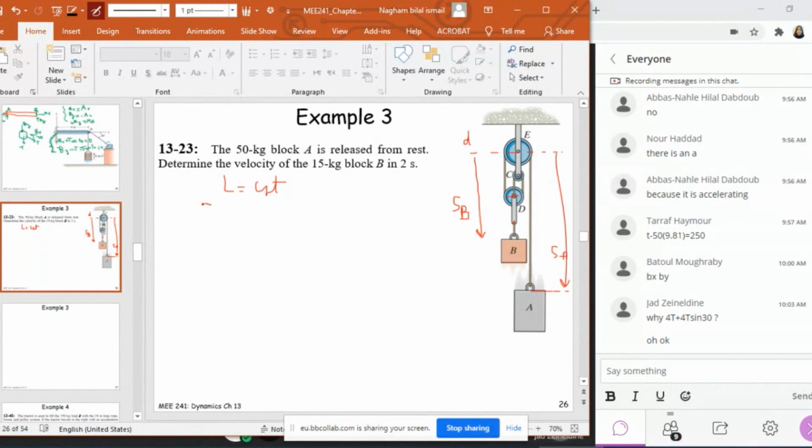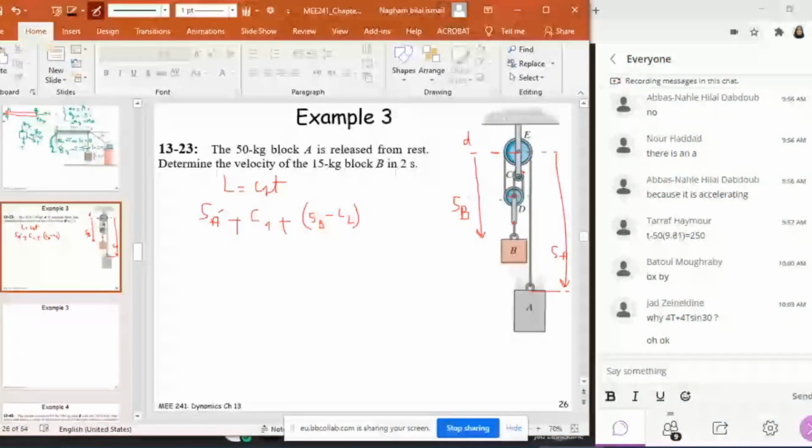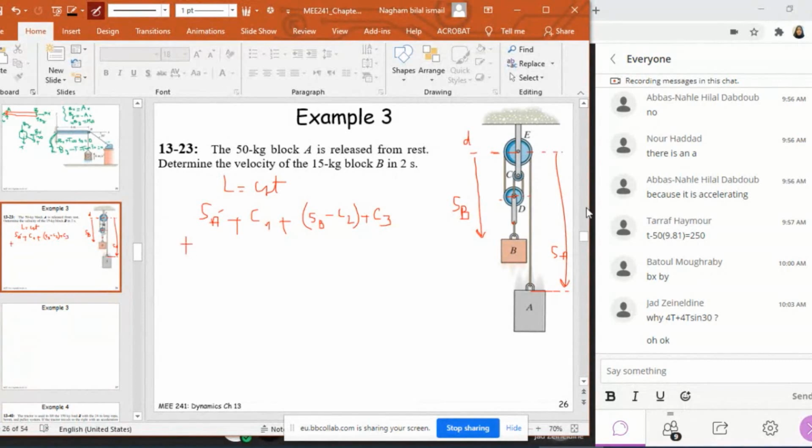So SA, plus this distance right here, C1, which is constant, plus the distance from this point to this point, which is SB minus a constant length, plus SB minus a constant length, plus this arc right here, which is also constant, C3, plus the distance from this point to this point, which is always SB minus a certain constant.